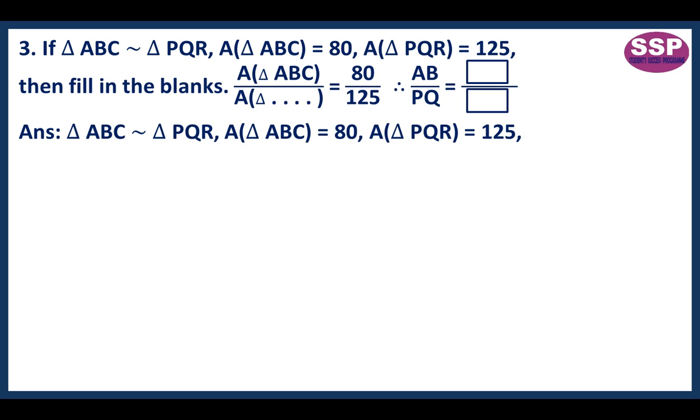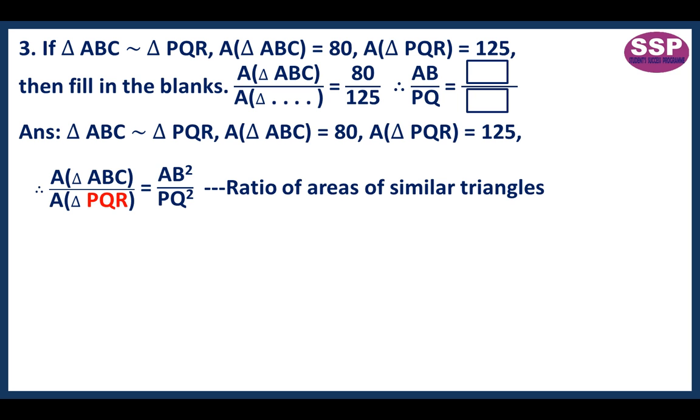Solution. Triangle ABC similar triangle PQR. Area of triangle ABC is given 80. Area of triangle PQR is given 125. As two triangles are similar, therefore area of triangle ABC upon area of triangle PQR is equal to AB square upon PQ square, because ratio of areas of similar triangle.